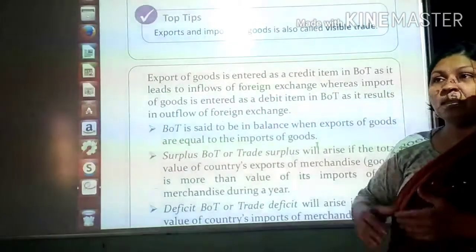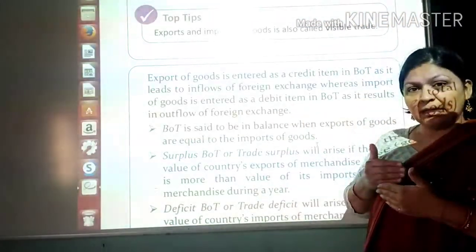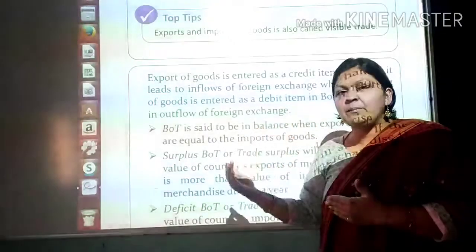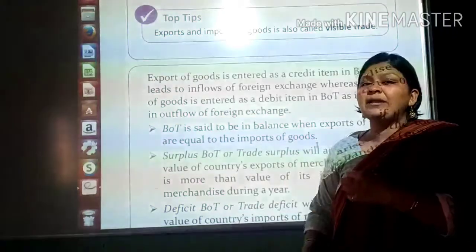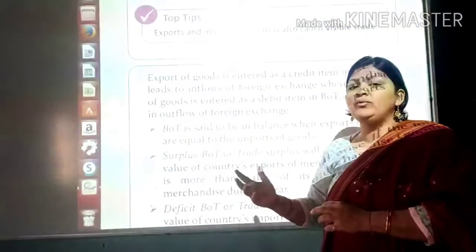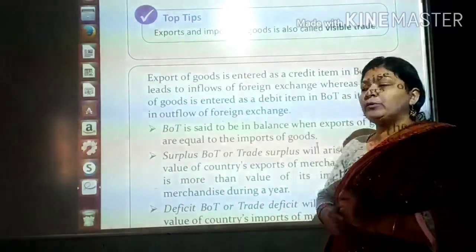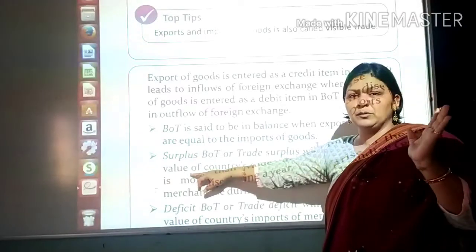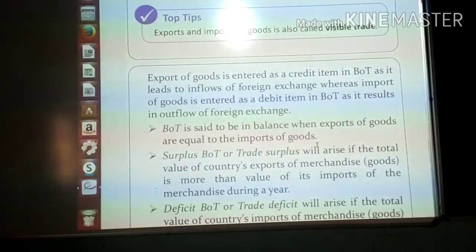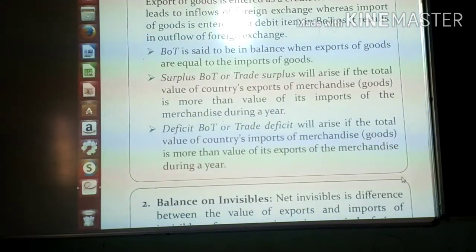Why? Because when we are doing the export, we get foreign currency. When we are doing the import, foreign exchange flows out. So when our inflow is more than our outflow, it means our export is more than our import. Which condition is that? BOT in surplus position. Now deficit: there are three concepts only, equal, surplus and deficit. What is the condition of deficit?